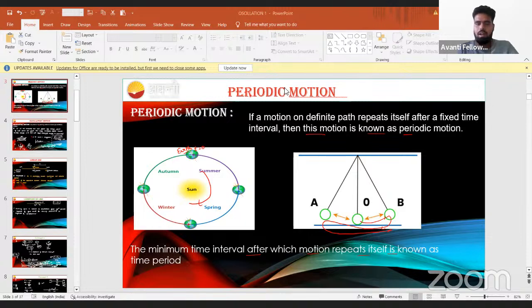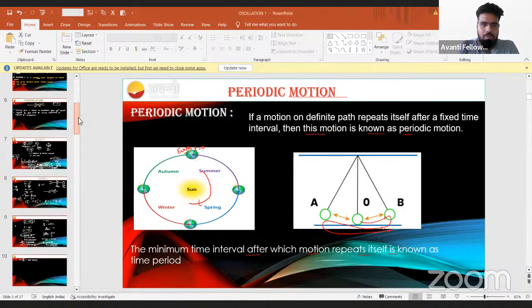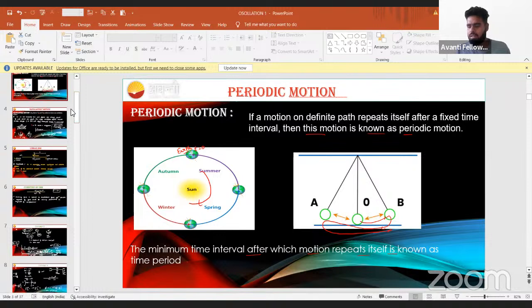So let's start the class. What we discussed in yesterday's class, just take a brief look. We discussed the periodic motion, what is the oscillatory motion, how oscillatory motion is part of the periodic motion, and which important characteristics make SHM a type of oscillatory motion.